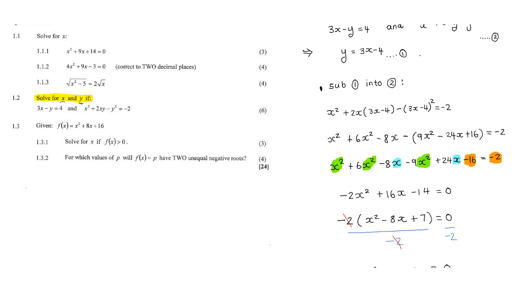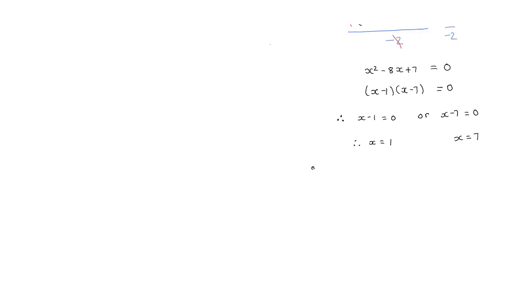Now our next step, we want to tell our marker that what we're doing now is we are substituting the x values into equation 1. And when we do that, we're going to have the case when x is equal to 1 and when x is equal to 7.